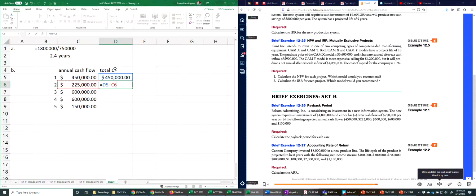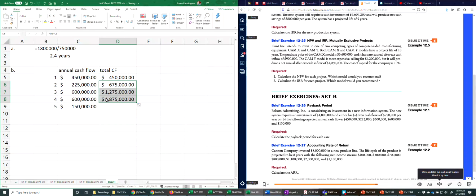At the end of year 2, total cash flows will be $675,000. At the end of year 3, 1.275 million, and at the end of year 4, 1.875 million. All right. So each of these is a year. Now, we know the payback period is between year 3 and year 4.